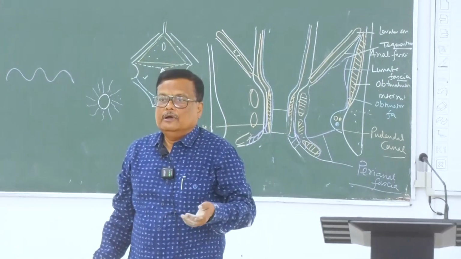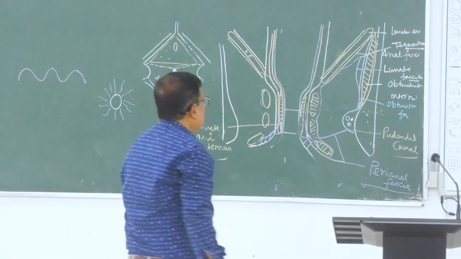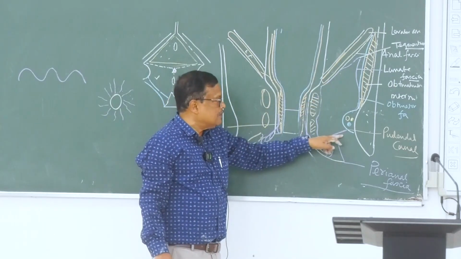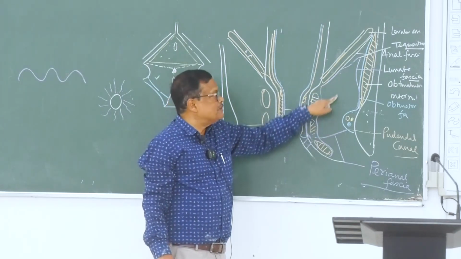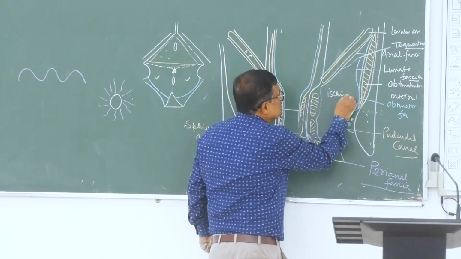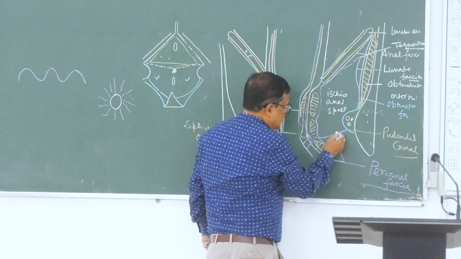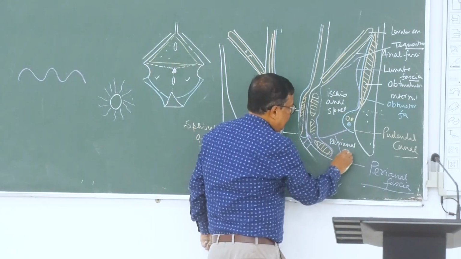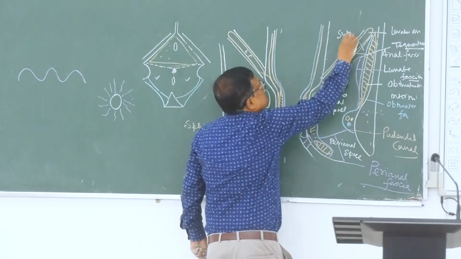Supra means above. And below is known as the infrategmental space, which is again divided by the perianal fascia. এই বড় স্পেসটাকে বলা হয় ischio-anal space. আর এইটাকে বলা হয় below the perianal fascia perianal space. এইটা হচ্ছে suprategmental space.